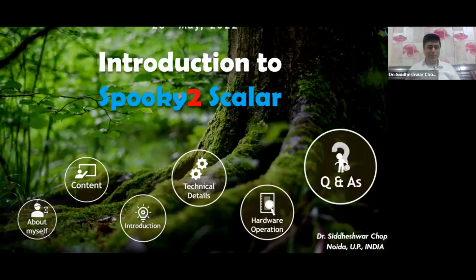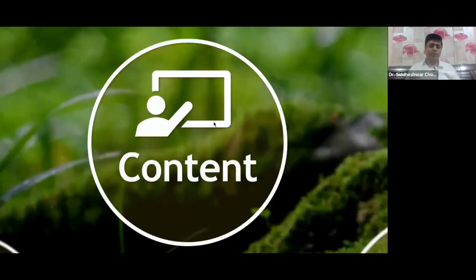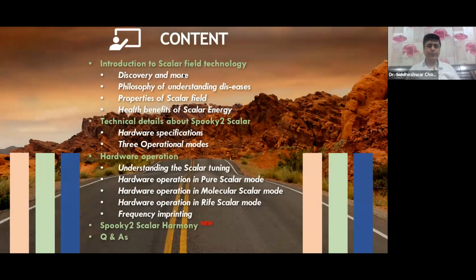So the content of the presentation. We'll be diving into the scalar technology. We'll start with the introduction, and that is, we'll talk about the discovery and some basic concepts of scalar waves. Then, what is the philosophy of understanding dis-eases?